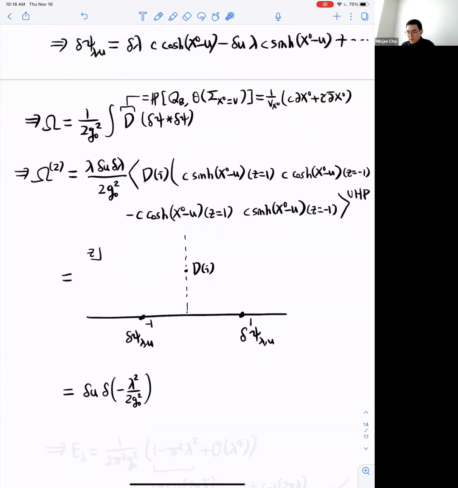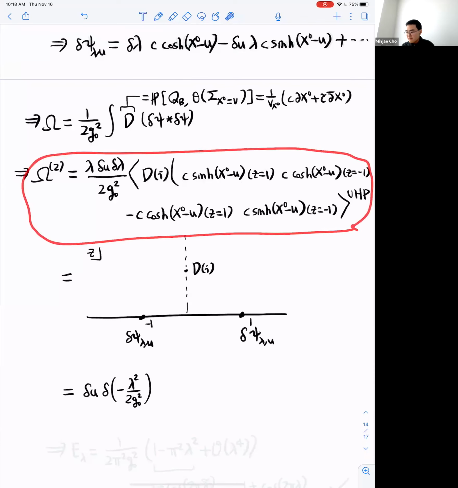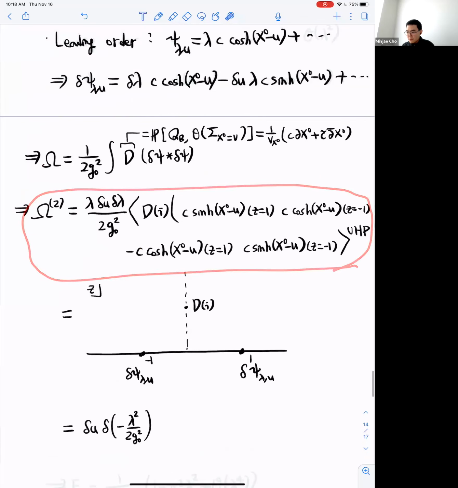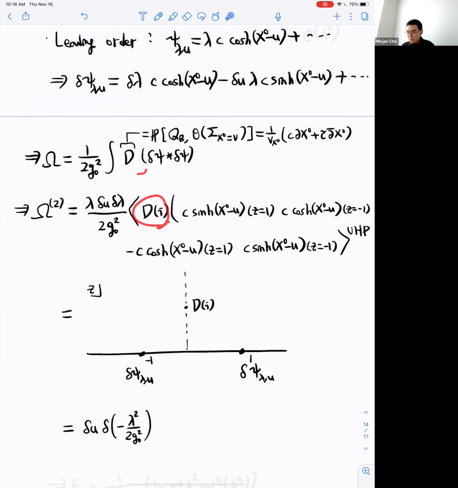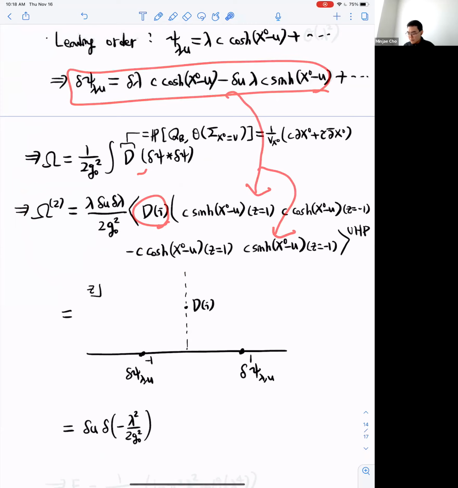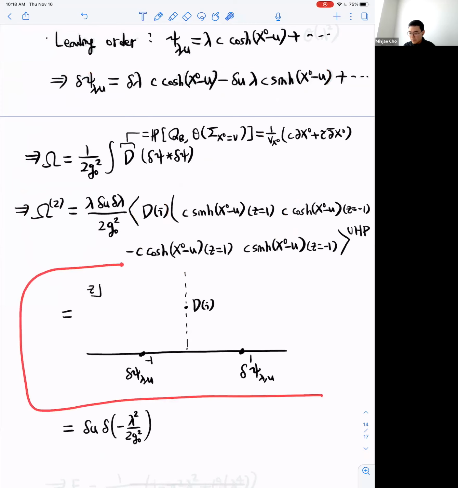And we just evaluate this correlator at this order. All we did is insert D at the midpoint and this delta psi at +1 and -1 in the upper half plane. This is another picture for this. And this is a very simple correlator to compute.